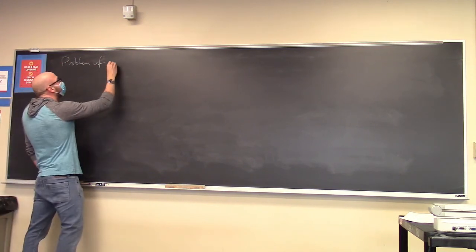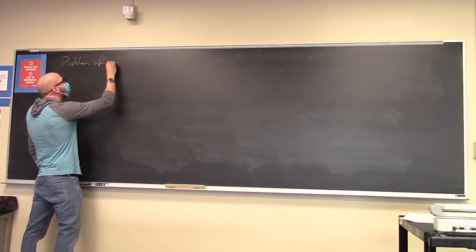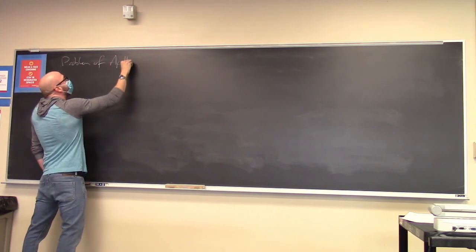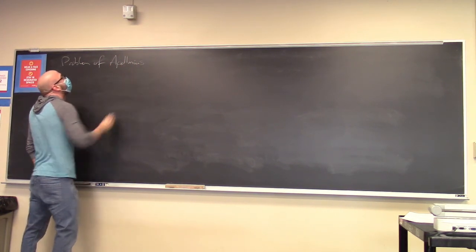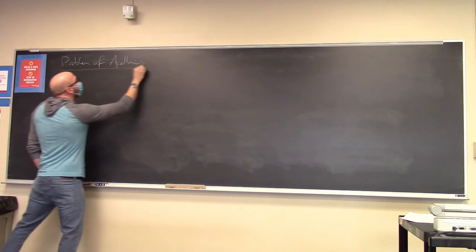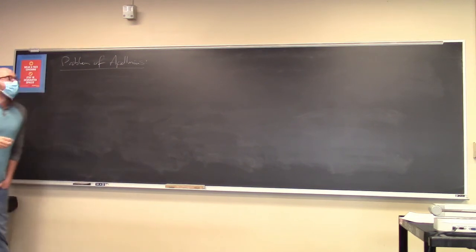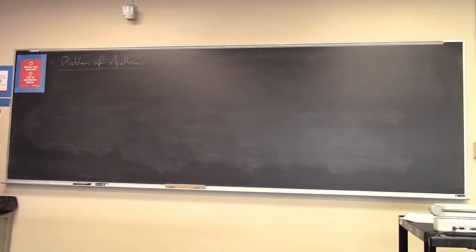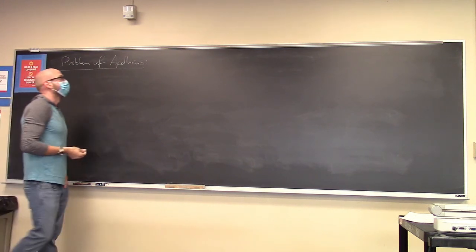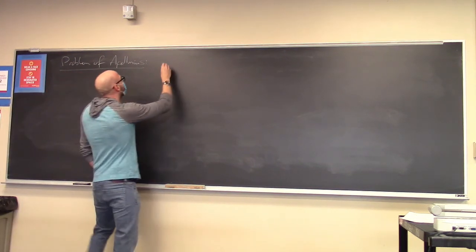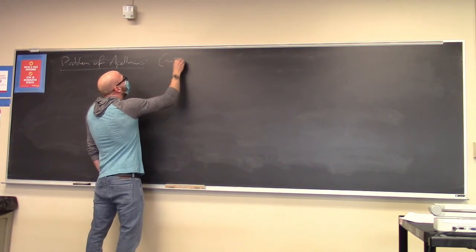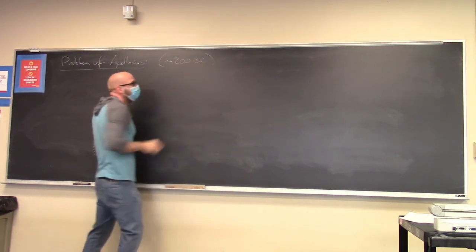There's another very famous Greek geometer, Apollonius. This is the problem of Apollonius, and probably the most famous problem or theorem in all of geometry. This dates back to 200 BC.